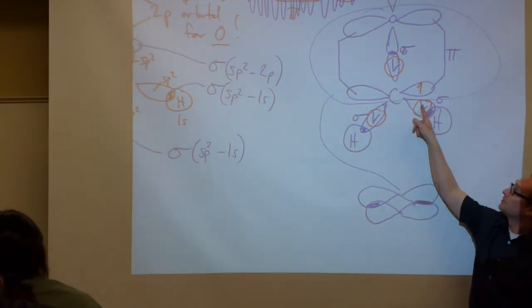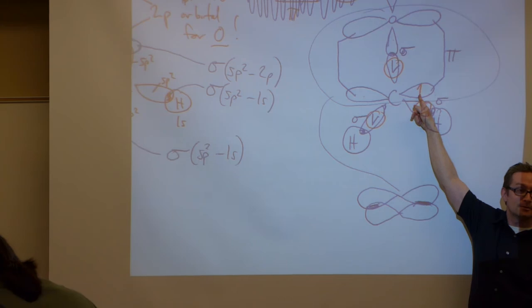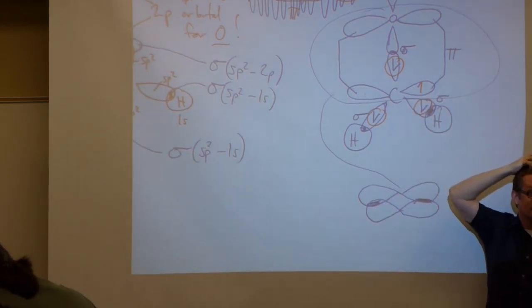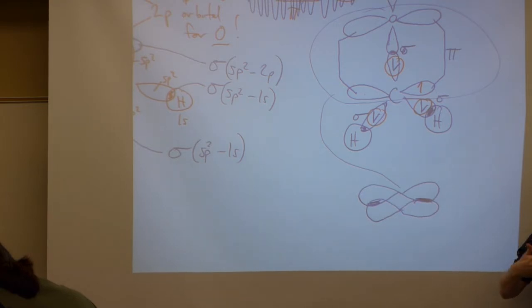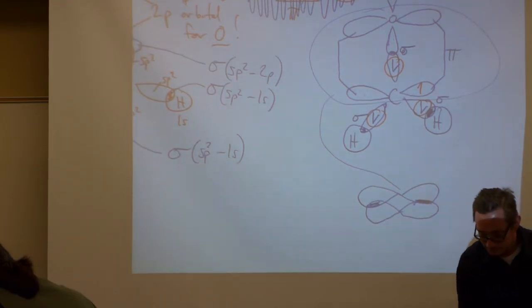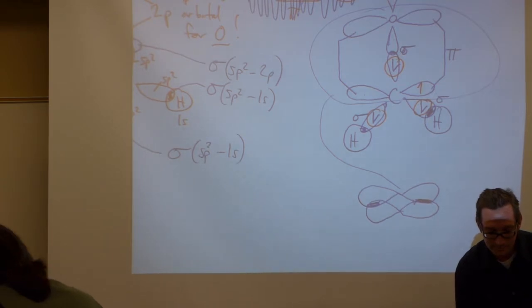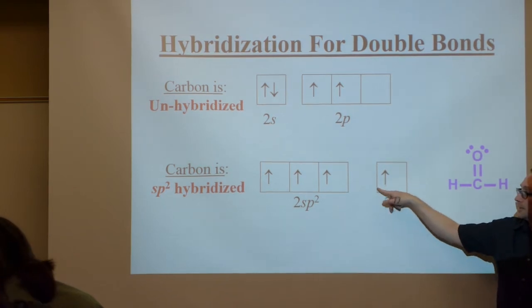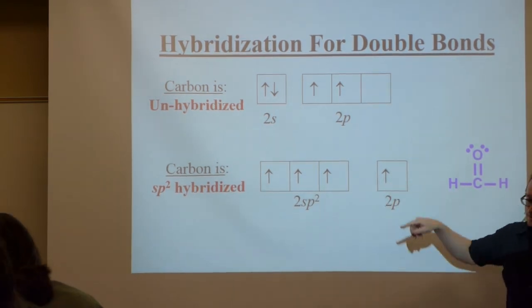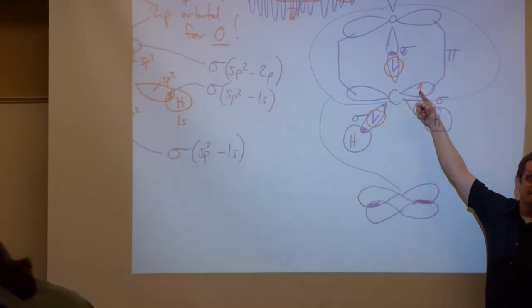So it's 1, 2, 3, 4 valence electrons for carbon bonding in this model. But only one of them is being bonded in a non-hybridized p orbital. So that 1 in the p orbital, this 1 arrow here is this 1 arrow here.